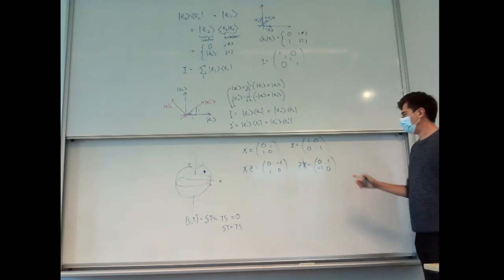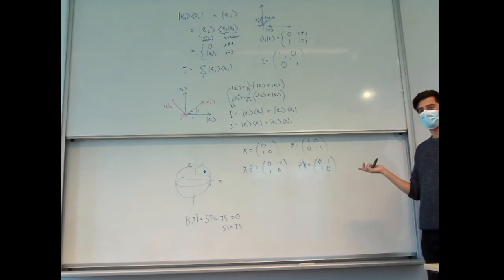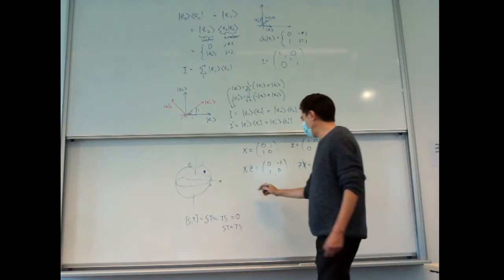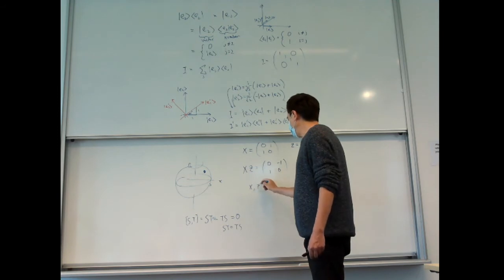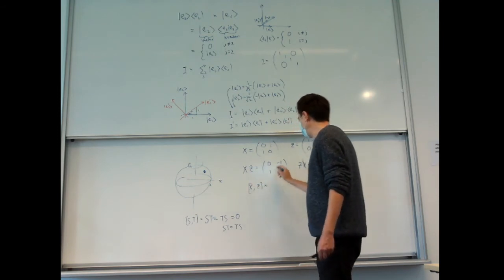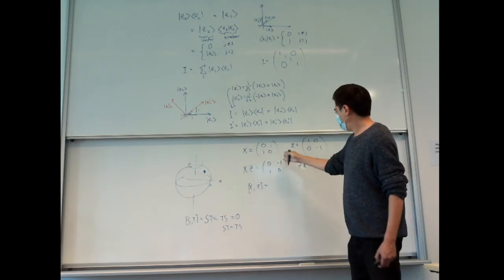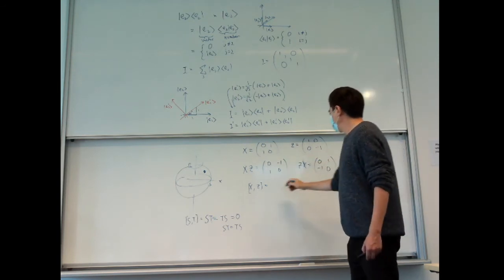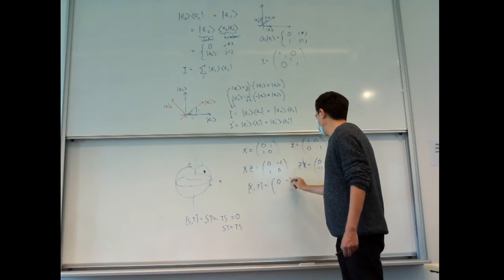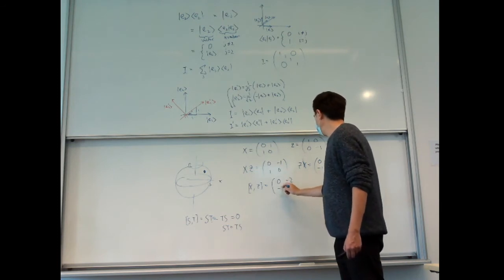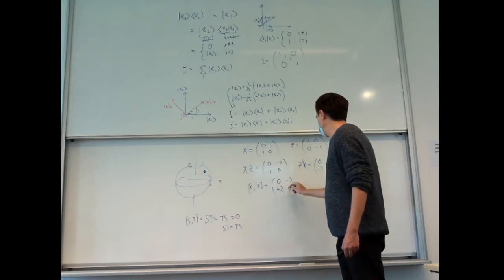So you can see that it's different by a minus sign. So in this case, the commutator, X comma Z, just the difference of these two matrices, subtract this guy from that guy. So it's going to be minus 2, plus 2, 0.